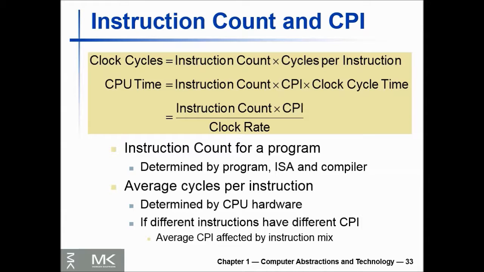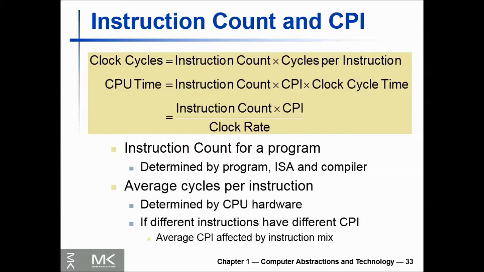The term clock cycles per instruction, which is the average number of clock cycles each instruction takes to execute, is often abbreviated as CPI. Since different instructions may take different amounts of time depending on what they do, CPI is an average of all the instructions executed in a program.